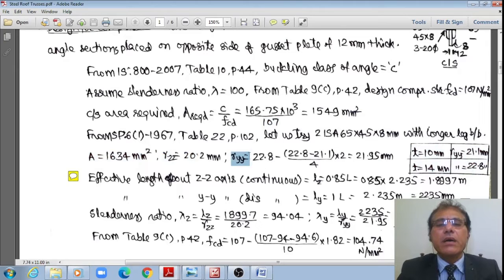Therefore, the radius of gyration about the weak axis is equal to 22.8 minus 22.8 minus 21.1 divided by 14 minus 10, a 4 difference. However, I am calculating over a difference of 12 minus 10, 2 difference. Therefore, 14 minus 12 over a difference of 2, it works out to a value of 21.95 mm.